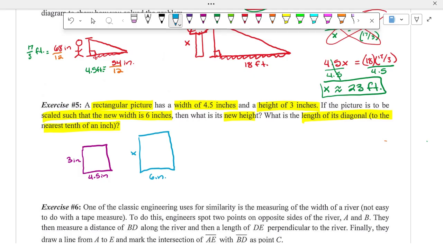So, using what we know about similarity, let's set the proportion to solve for it. So what will my first proportion look like? My first proportion is typically the one without the x in it. So what would that first proportion look like?